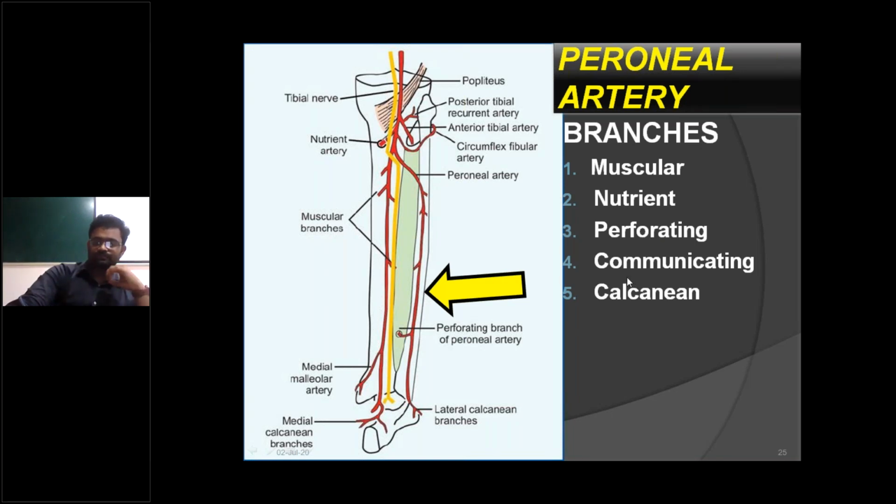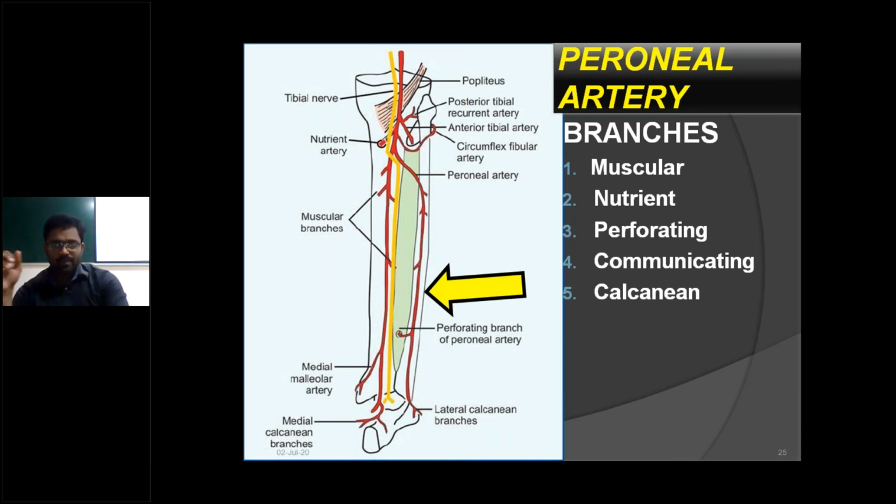Next one, communicating branch. This communicating branch communicates with the communicating branch of the posterior tibial, and the calcaneal branch supplies the skin over the calcaneum.